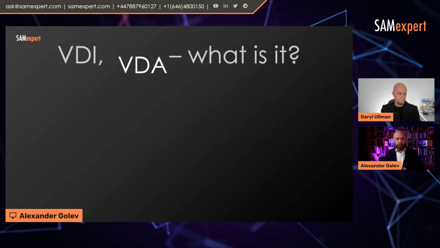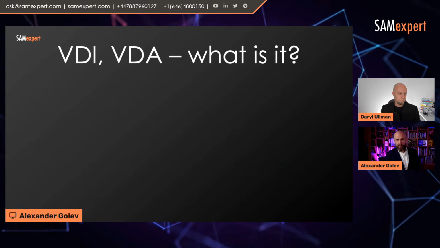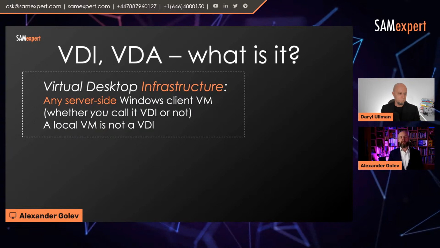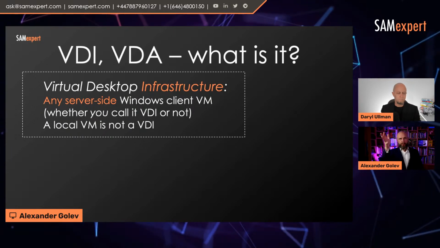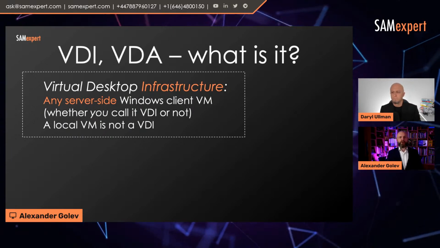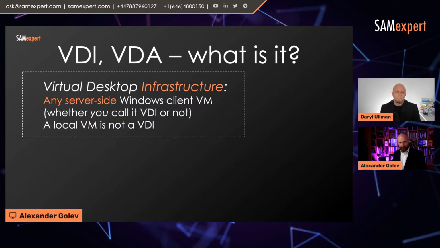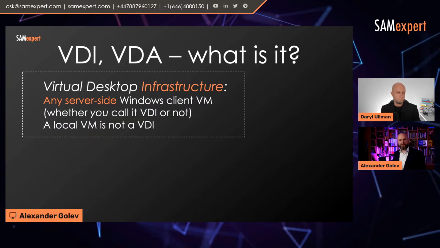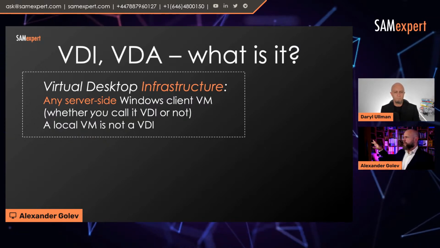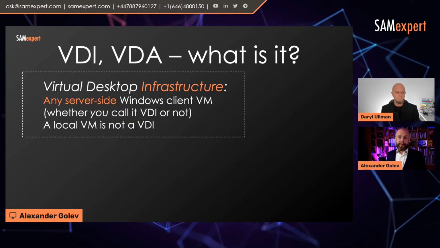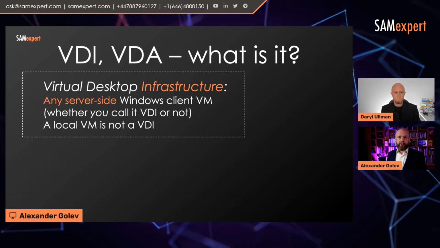Just a few more words about VDI, just the terminology. VDI is a virtual desktop infrastructure, virtual machines. Whether you call them that internally or not, I had this during one licensing review, a semi-audit, an internal audit. Somebody in IT said, these are not VDIs, these are just virtual machines we run in our VMware. Guys, if it's Windows 10 or Windows 7 or Windows XP, it's a VDI.